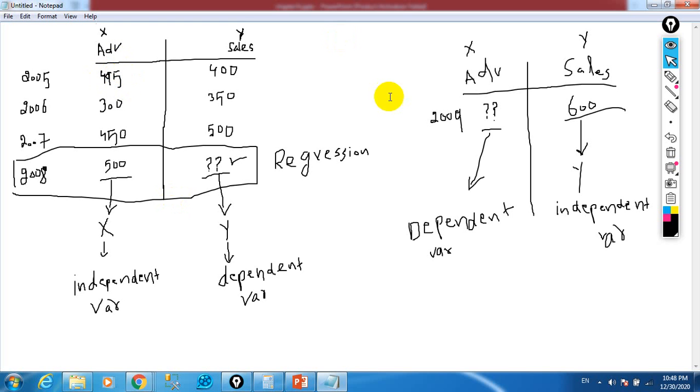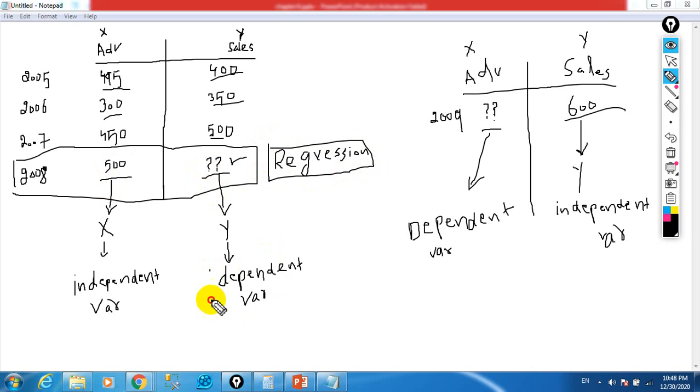If we do advertisement in 2005, the sale is this one, then with 300 advertisement, the sale will be this, and with 450 the sale is this. What will be the sale if we have advertisement of $500? We will find this value by using the regression, as I have explained.